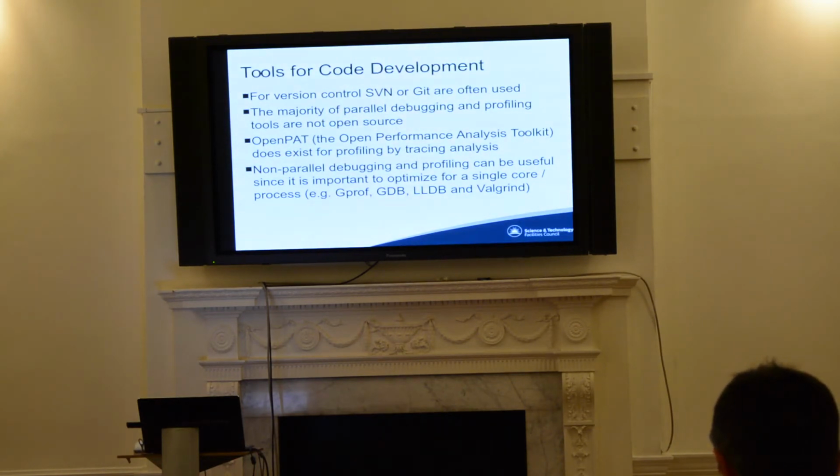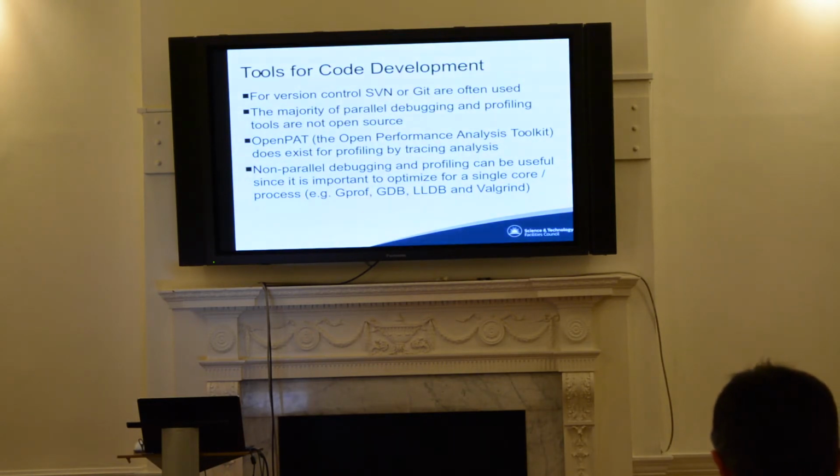However, there are a few, namely the Open Performance Analysis Toolkit. That's very good at profiling your application for performance by using tracing analysis. That may add an overhead when you run the code, but it's well worth it in the end because it enables you to see, for example, whether the code's making good use of the cache, whether the inter-process communications are causing a bottleneck, or things like that.